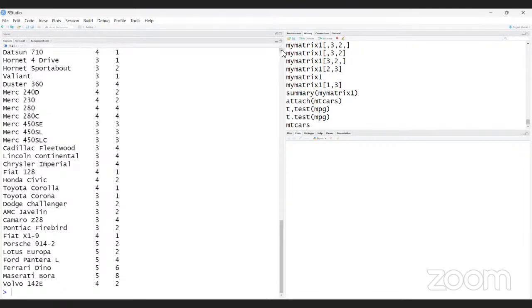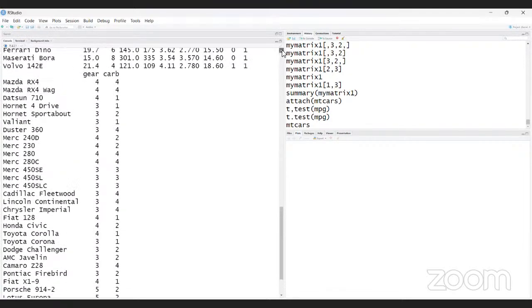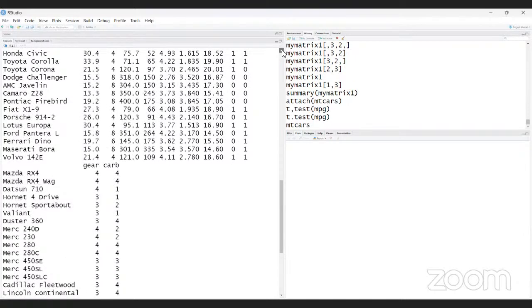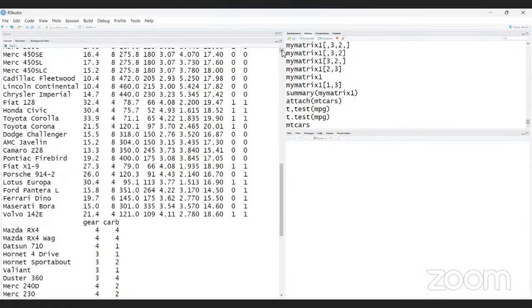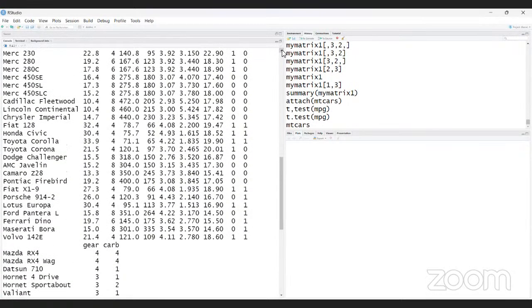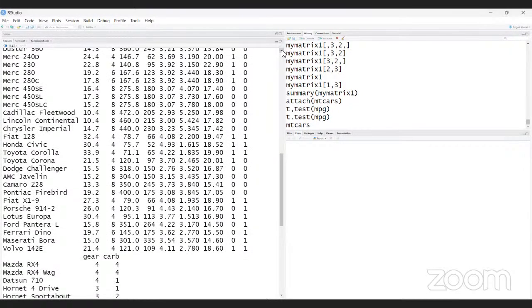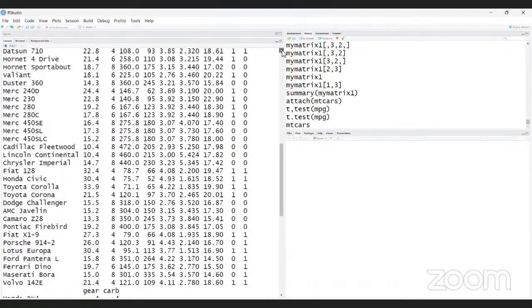Okay. Now, in case of the one sample t-test, we will study the metric data.